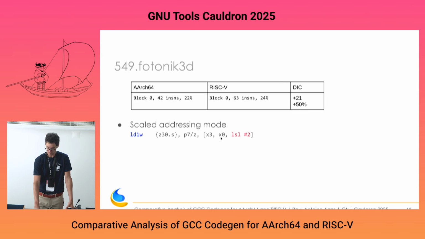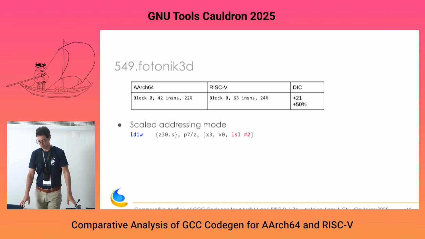But here, what we are doing is shifting the offset left by 2. This is a typical operation that you have when you're looping over array values, and the shift is just there to adjust to the type of the array.